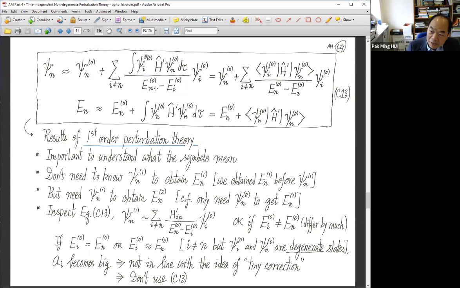right? What does it mean? This is a sum over all the other states except n, and it says, if there are some other zeroth order states, that is to say, this is the H0 problem. If you see in the H0 problem, when you ask for what happened to a state n, and there are some other states of this H0 problem that are very close in energy, then be careful.